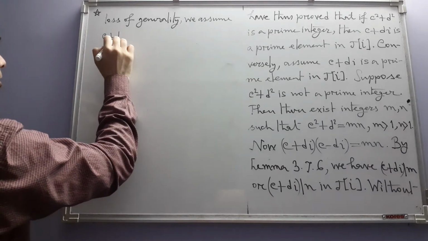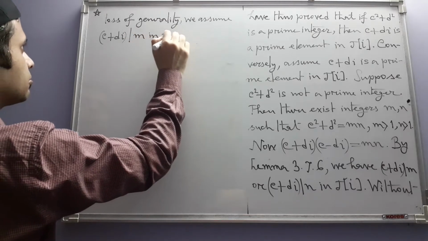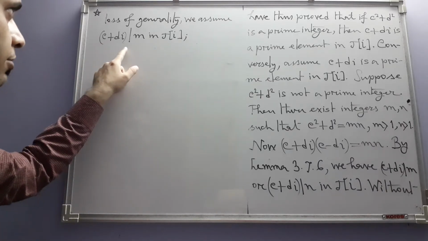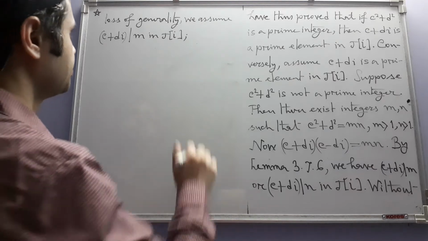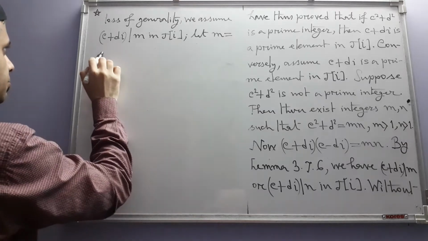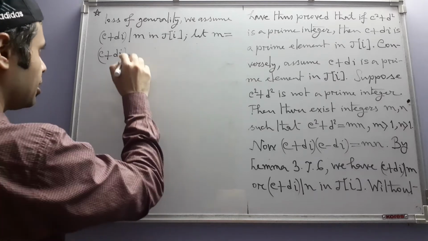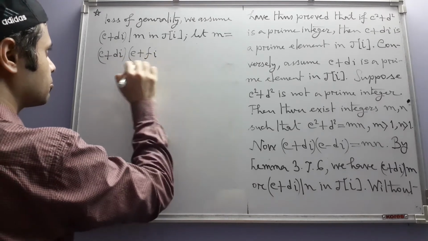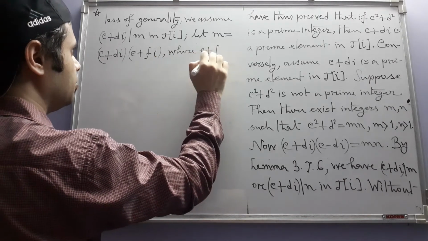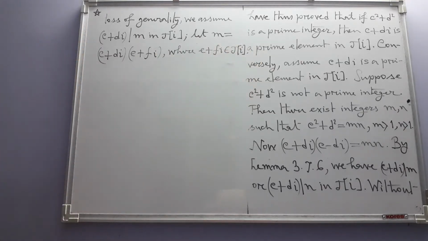We assume C plus di divides m in Ji. That means m can be written as a product of C plus di and something else. Let m equal C plus di times, say, E plus Fi, where E plus Fi is a Gaussian integer.